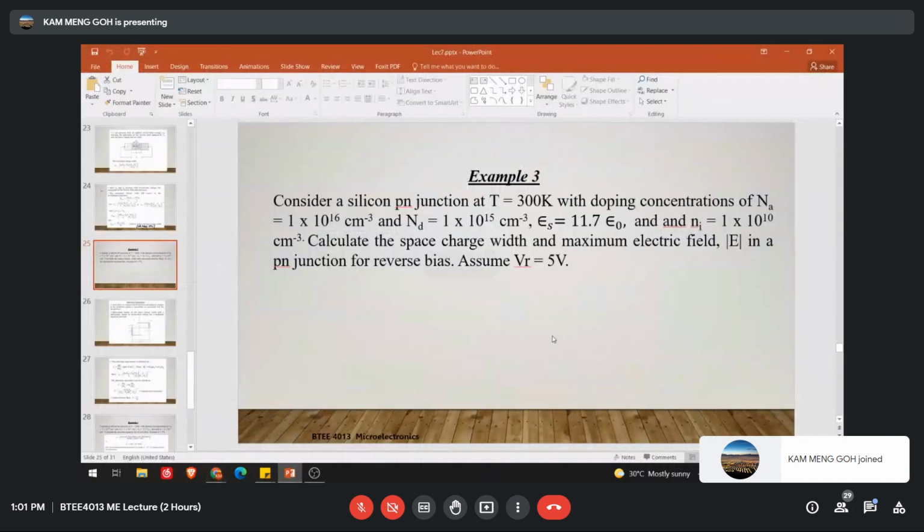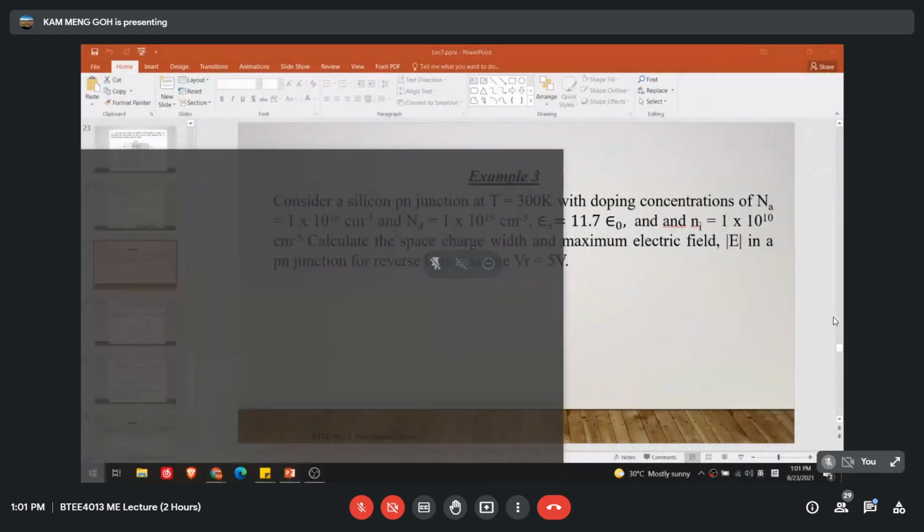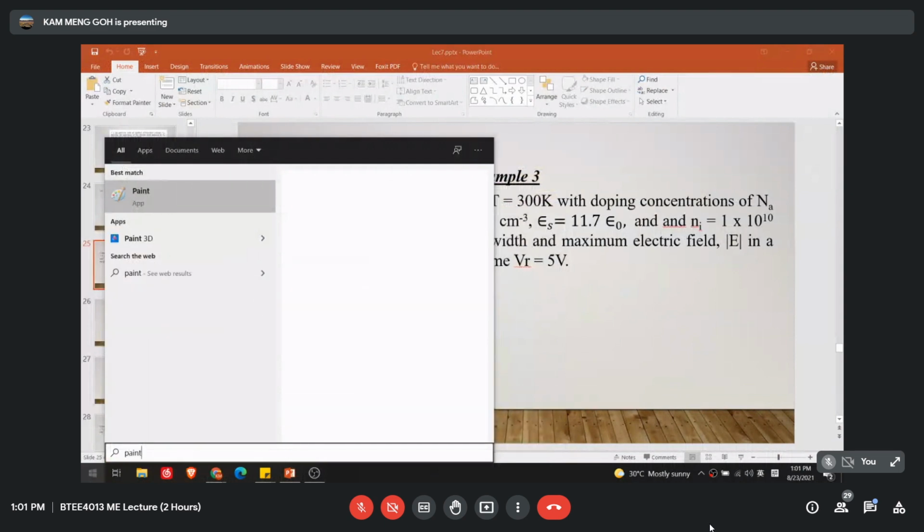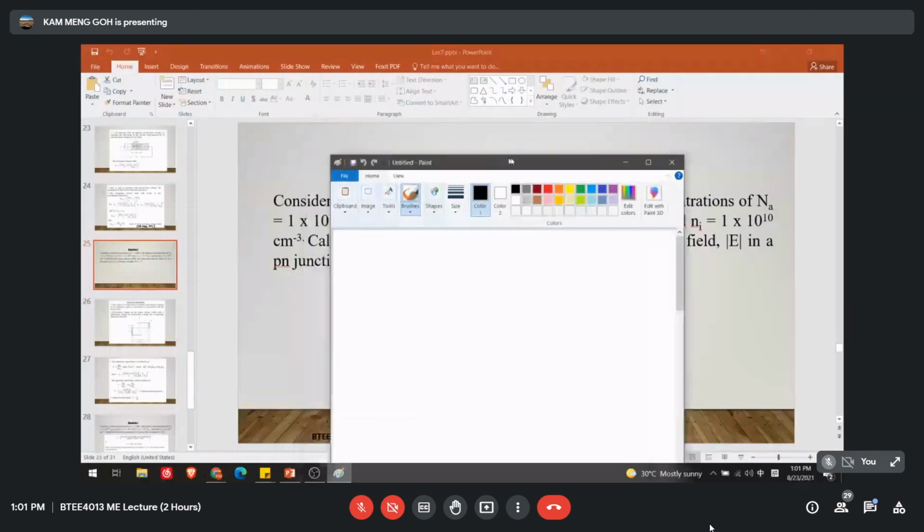Okay, before we do the lecture today, let's try some example regarding the PN junction.